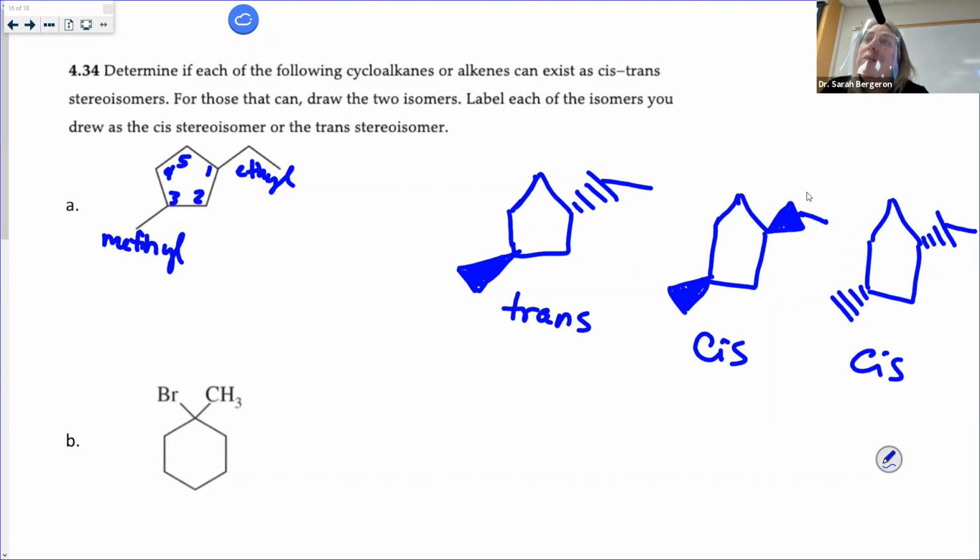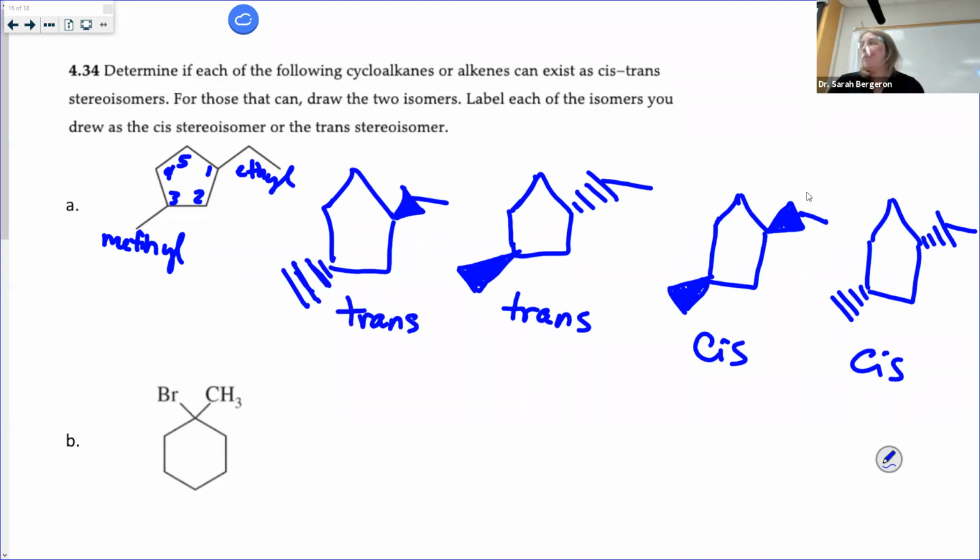Well, you could actually do the other way to draw trans. You could draw, right? This one could be, come on, like this. And then this one would be your colored in. So this is also trans, right? But you only have to be able to do one of each.